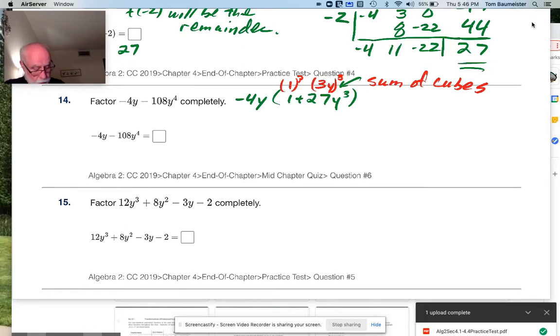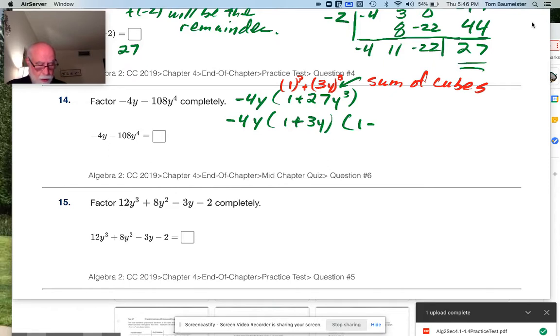All right? So if you think about it that way, then I can go ahead and use the pattern that's in your book and in your notes. So kind of look at it, ladies and gentlemen. I'll take the 1 plus 3y. So that goes there. And then I'll take the 1, and then I'm going to subtract, and I'm going to take just the first term and the last term.